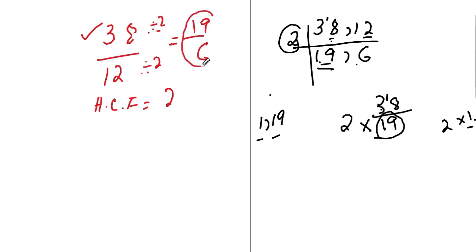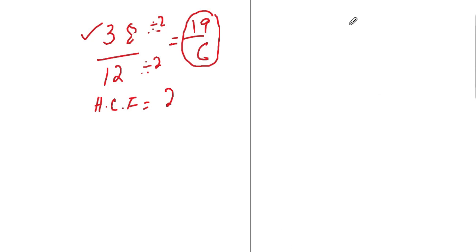Again you got an improper fraction, so your answer is still not done. What we need to do here, you know how do we solve an improper fraction? For an improper fraction, you need to use the bus stop method. So you know 6 times 3 is 18 and 1 is remainder. So now how to write your answer?